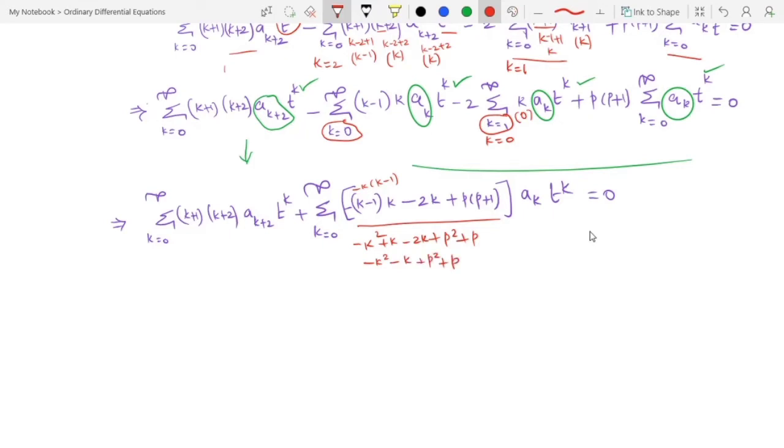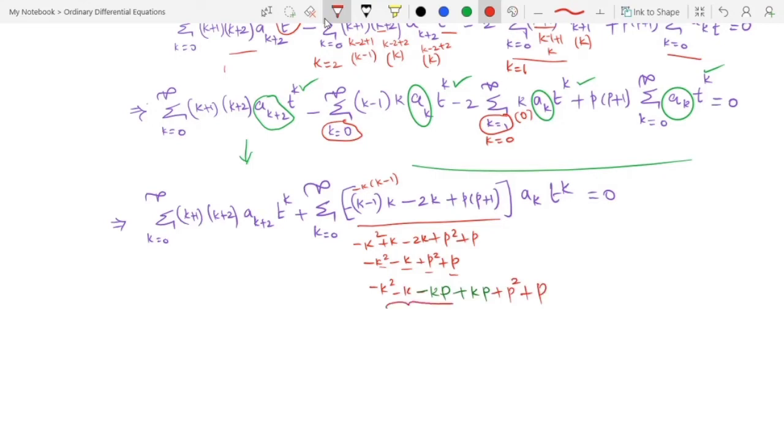Both are looking same. Here square of k, square of p, just k, here instead p. So add and subtract product term of both the variables, that is k into p. Minus k square minus k minus kp plus kp plus p square plus p.